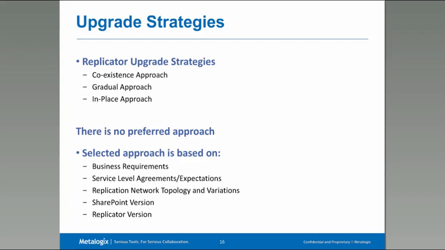It's based on what your requirements are, what your service level agreements are, what your topology is, and your SharePoint version and Replicator version. For most of our major versions, we will replicate just fine between our own versions of software. We're going to talk about the gradual approach and the coexistence approach here.